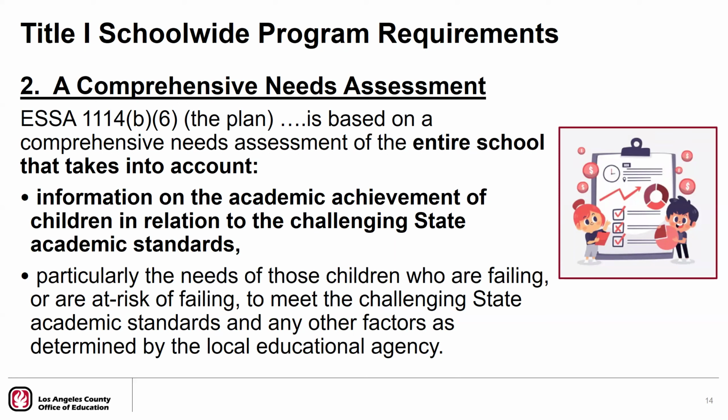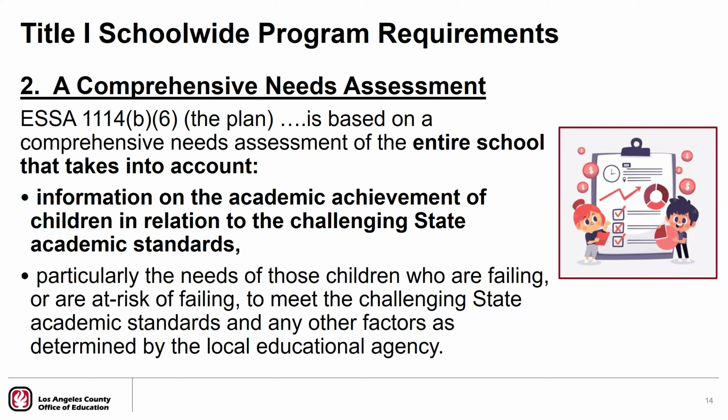The comprehensive needs assessment takes into account the entire school's information on the academic achievement of all students in relation to the state academic standards. And it takes an even deeper look at the needs of the failing or at-risk of failing students.